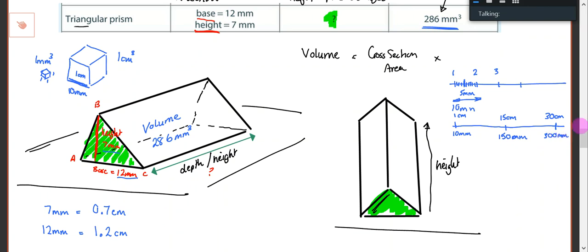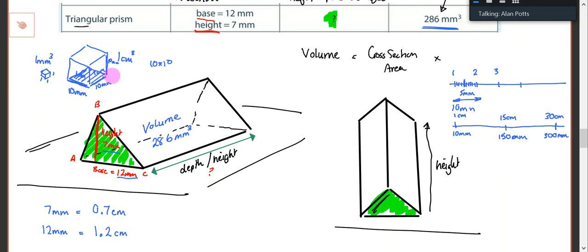Yeah, exactly. So back to my cube. Well, if one length is 10, the other length being 1 centimeter as well is another 10 millimeters. So my square is 10 by 10, and the height is another 10 millimeters. So what's the volume of a 1 cubic centimeter cube, but in millimeters? Well, because it's a prism, it's 10 by 10 along the bottom to do the cross-sectional area.